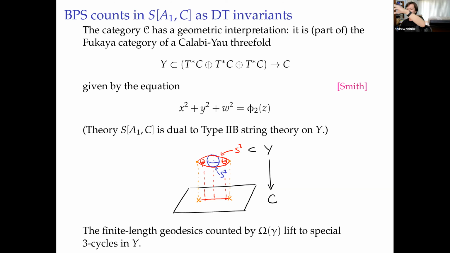So they sweep out an S3. And that S3 is a special 3 cycle in the Calabi-Yau. Okay, great. So that's just some aside about these BPS counts.